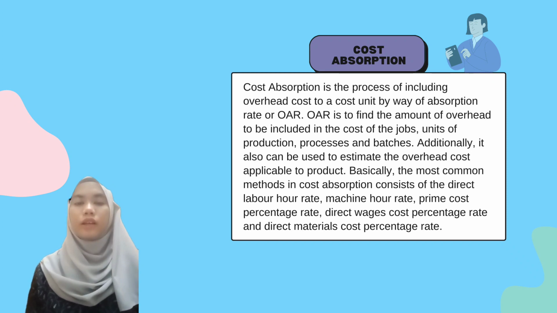Additionally, it can also be used to estimate the overhead cost applicable to a product. The most common methods in cost absorption consist of the direct labor hour rate, machine hour rate, prime cost percentage rate, direct wages cost percentage rate, and direct materials cost percentage rate.